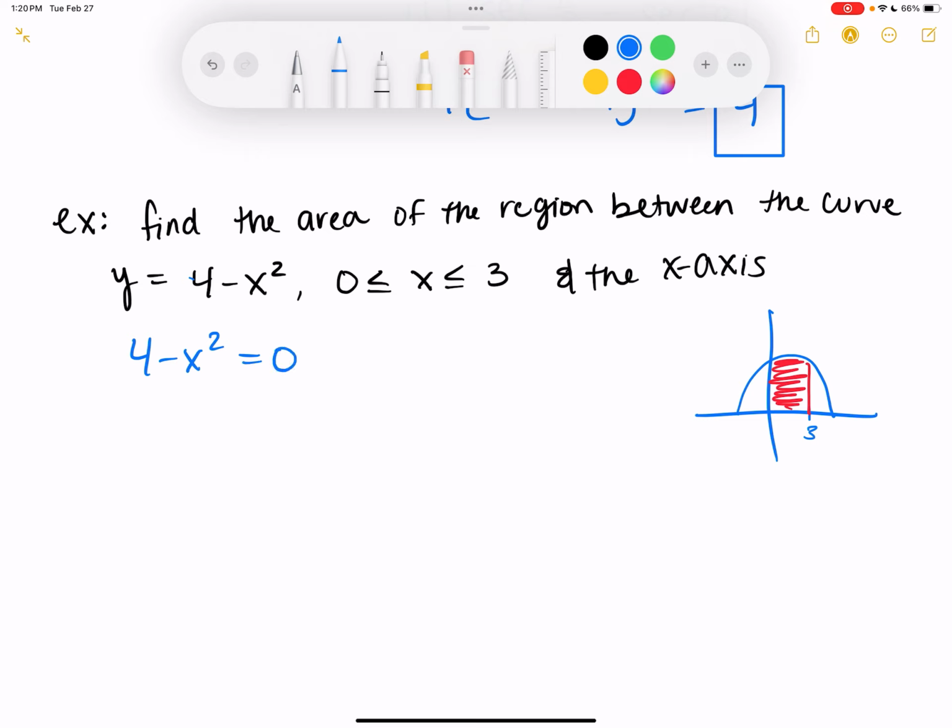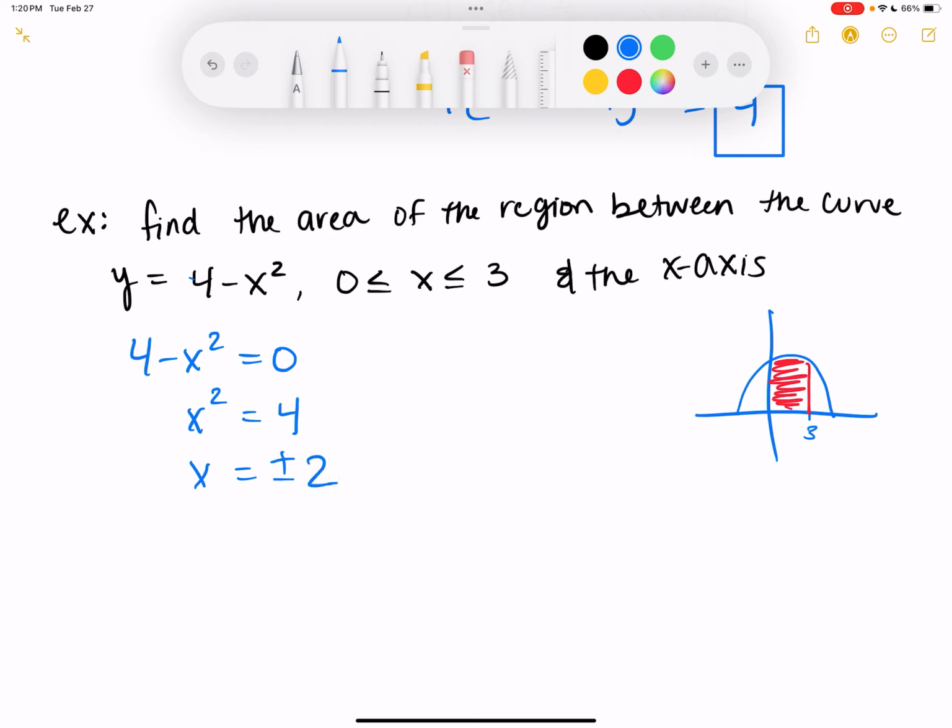So x squared is equal to 4, so x equals plus or minus 2.